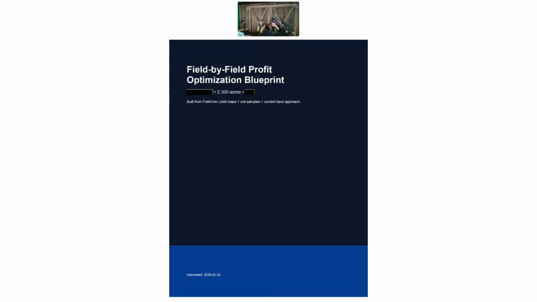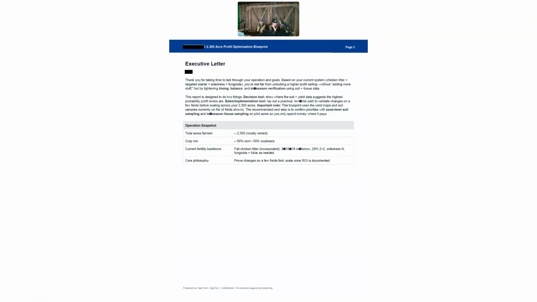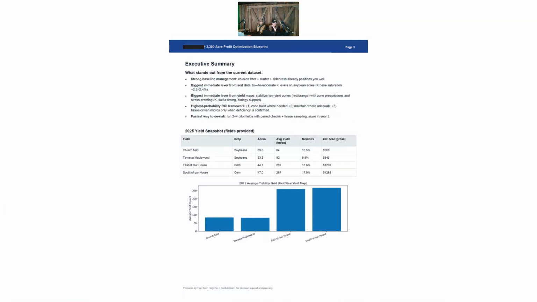So I grabbed a couple that I've done in the last week. We redacted, CIA style, some of the information on these, just to not be sharing everything about everybody's farm. But if you'll scroll down through that, basically what this is doing is taking the data for this farm.